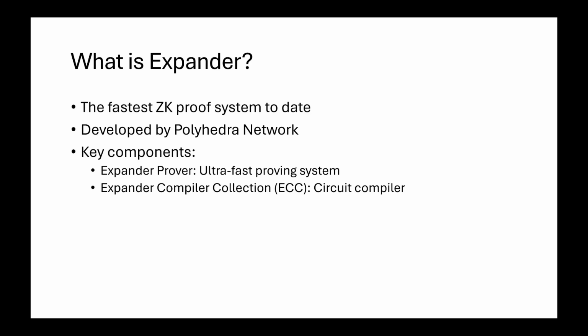The Expander Prover has many subcomponents, but we will not talk about it today. There will be another bootcamp, another presentation for this several days later next week. And today's presentation is about the ECC.